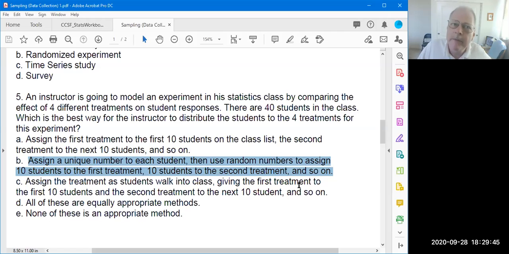It's only when you have a real big sample that that will happen. So B is the best approach here, but it's not great because of the sample size being too small. And so those are the issues that we'll come to as we move into the probability part of the course.